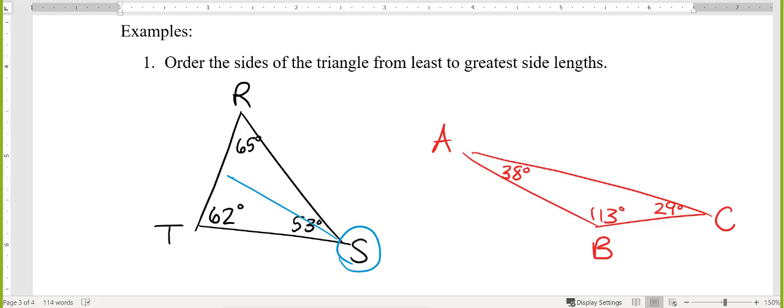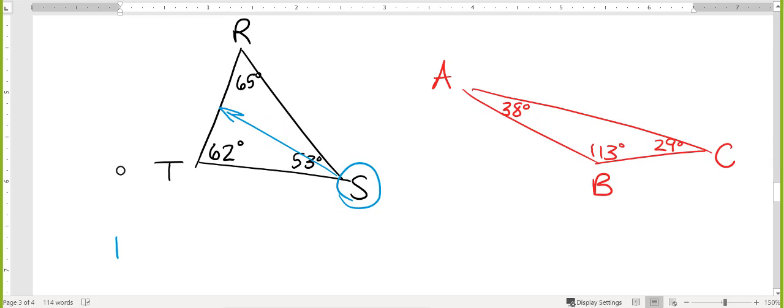So over here, that would be the smallest side. RT would be the smallest length. And I'm going to put some less thans here. There's 3 side lengths, right? That's what I'm comparing. I found the smallest angle, so the shortest side is RT.